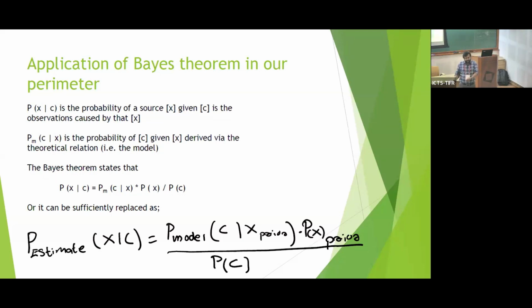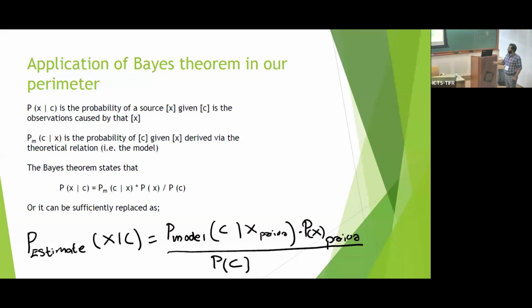We give an X, we calculate C from the model, right? We don't have the other way around because we don't have the accurate X. So we have some X with us, we call it prior X. We derive P(C given X). In that case, if you have P(C given X), you have P(X) and P(C), because for P(X) you know some prior value, and for P(C) you have some observation.